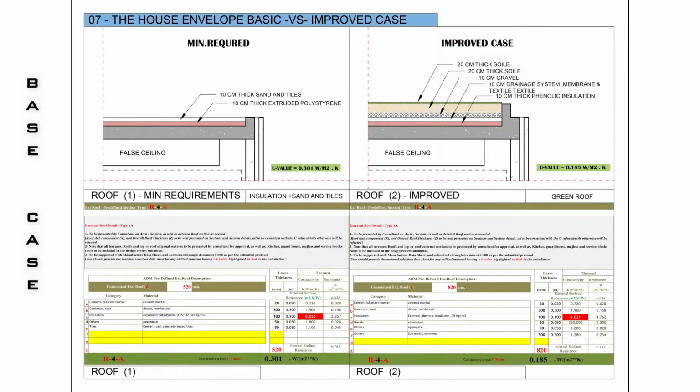And a green roof of 20 cm soil for vegetation has improved the transmittance value to 0.185 W/m²K.